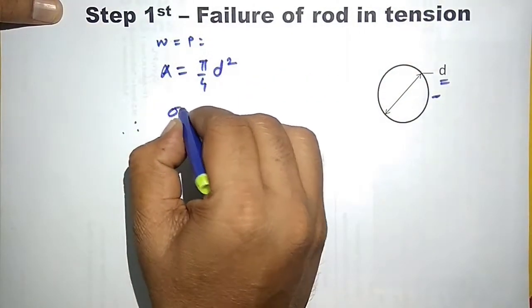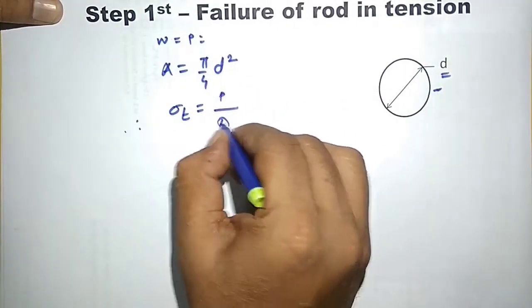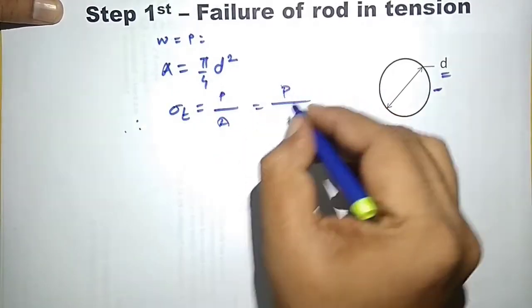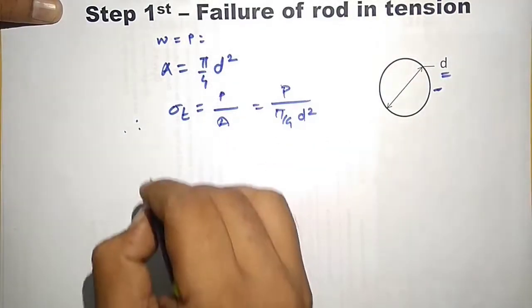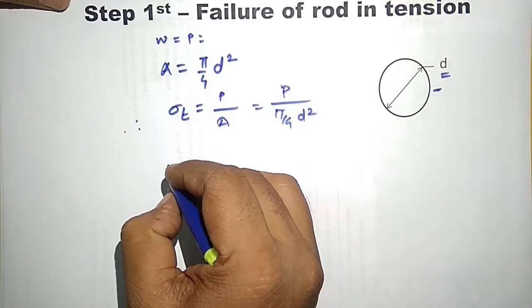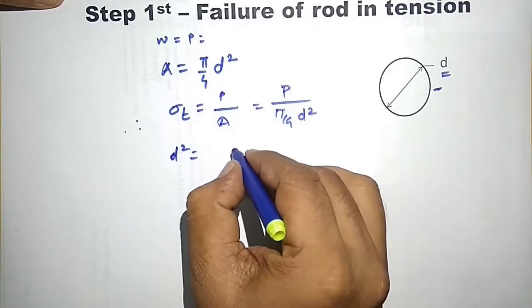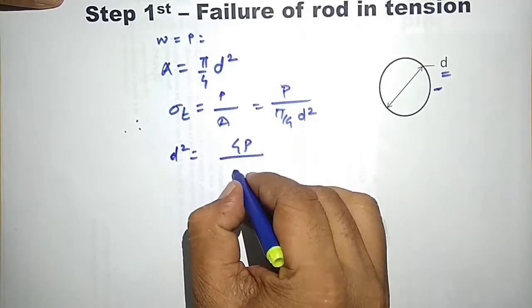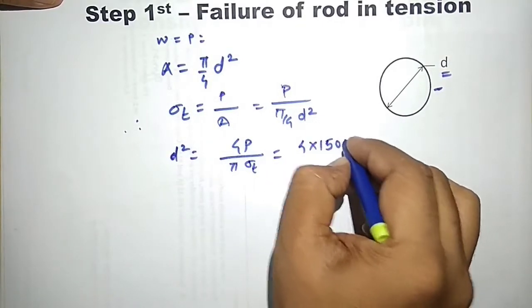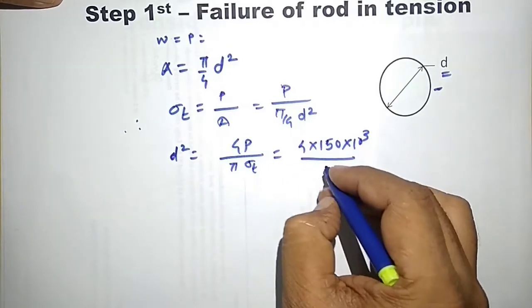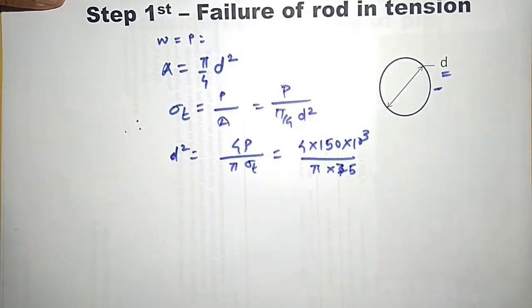Therefore, the tensile stress is given by sigma t equal to P upon pi by 4 d square. So put the values and calculate the diameter of rod, so that d square equal to 4P divided by pi into sigma t. So 4 into 150 into 10 raised to power 3 divided by pi into 75.